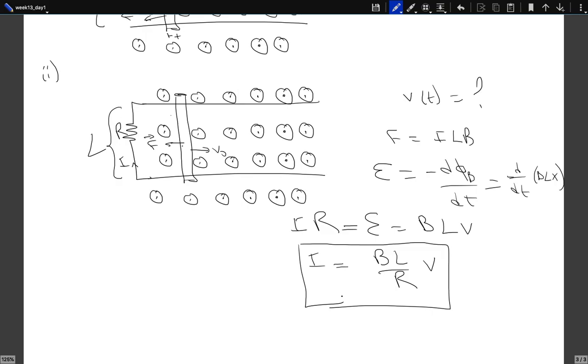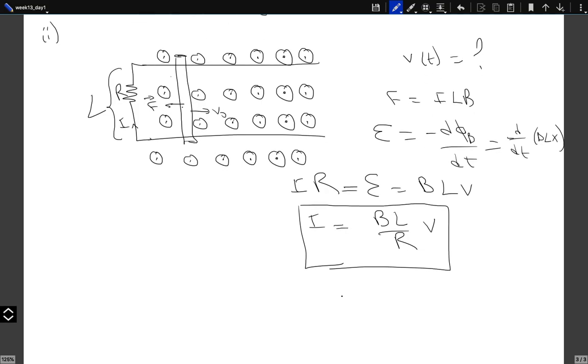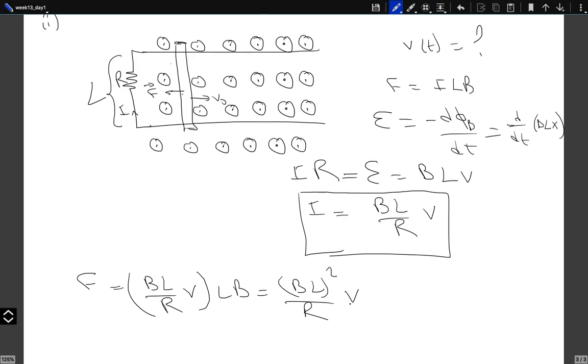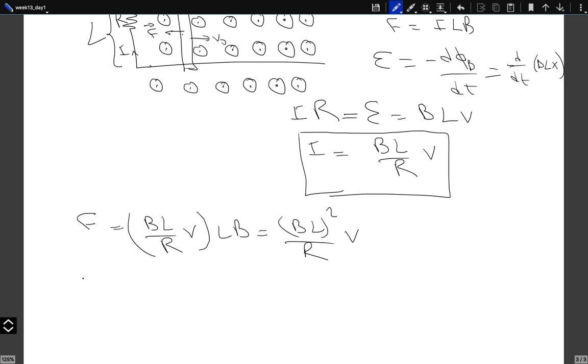Now we know the force as a function of the speed of the rod. This is I times L times B, or B²L² over R times v. Now we have Newton's second law.